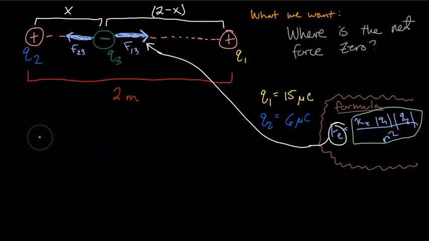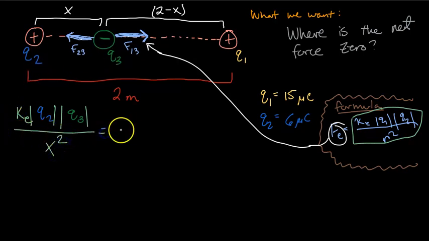So when we add it all into our formula, the formula that I'll be following will be our KE times our charge 2 times our charge 3, and then our radius, which is our distance between them, between 2 and 3, we have our X, and then that's squared, and we have it equal to KE still, and we will have our same charge number 3, and this time we will have charge number 1.